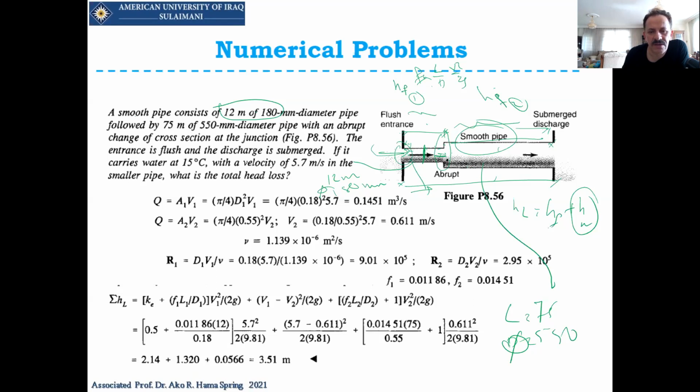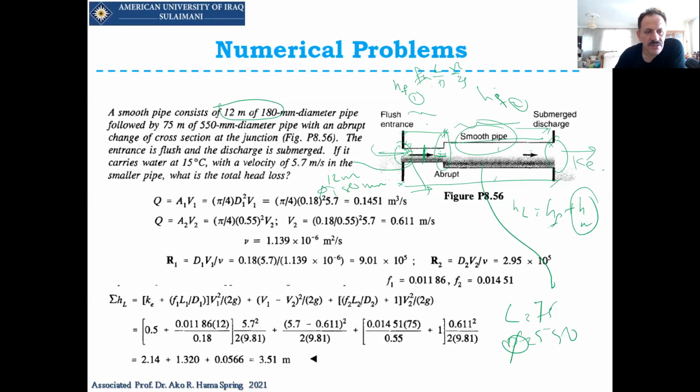We have a minor head loss due to the sudden enlargement, and also a minor head loss here due to the exit. So we have those three minor head losses. Also, we have the friction from this pipe and the friction from this pipe.